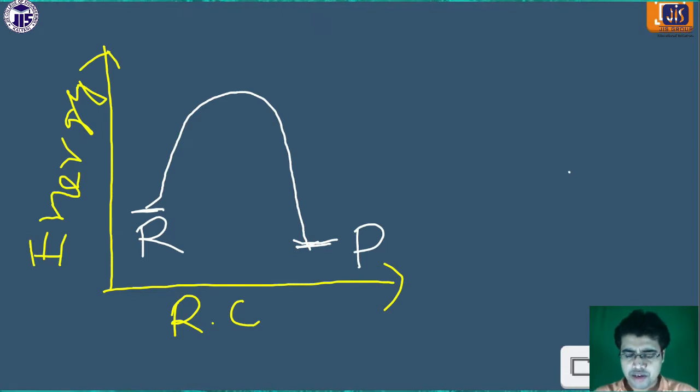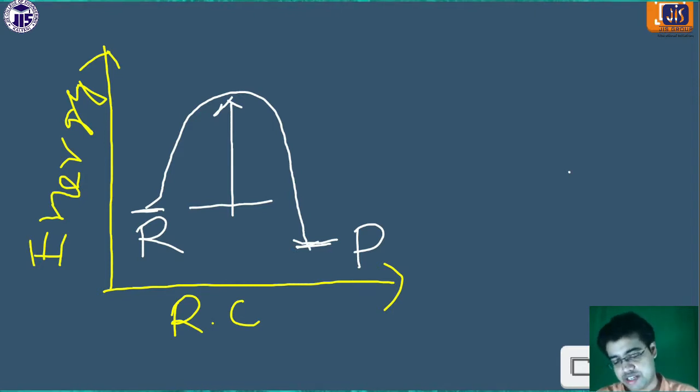Now look carefully at the graph. This is the activation energy, which all of you know very well. This is mainly a topic of kinetics, but I am discussing it here because delta H helps us understand whether the reaction is exothermic or endothermic.